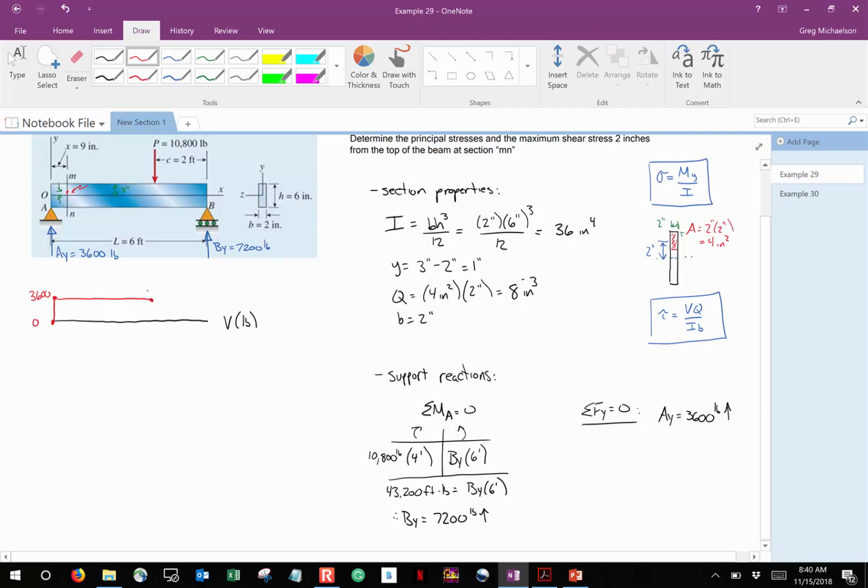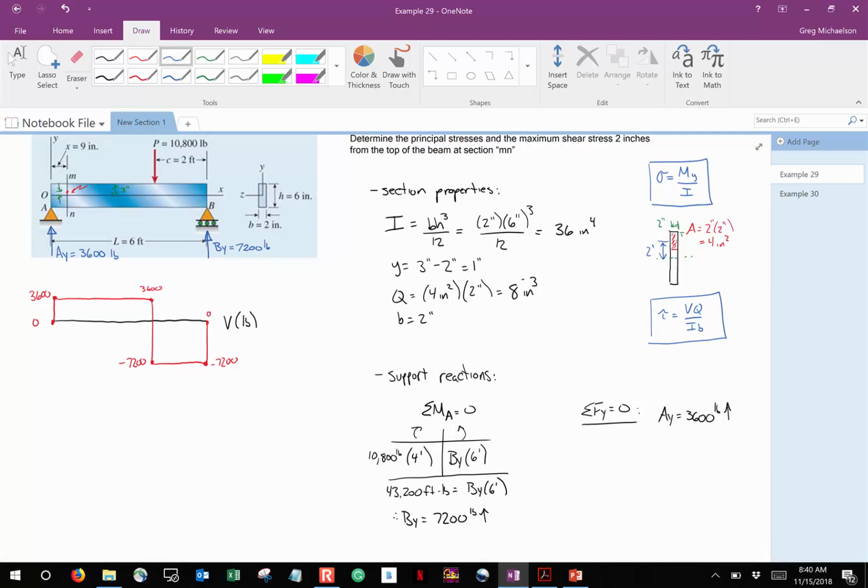Then we're at 3,600. We suddenly drop 10,800. So if I'm at 3,600 and I drop 10,800, that puts me at minus 7,200. No change, no change. And then I jump back up to 0. So that is the shear diagram.